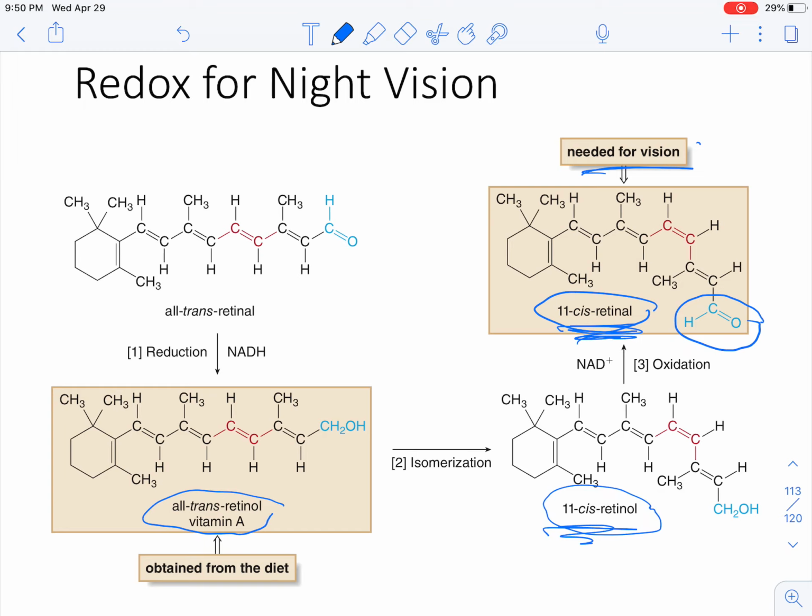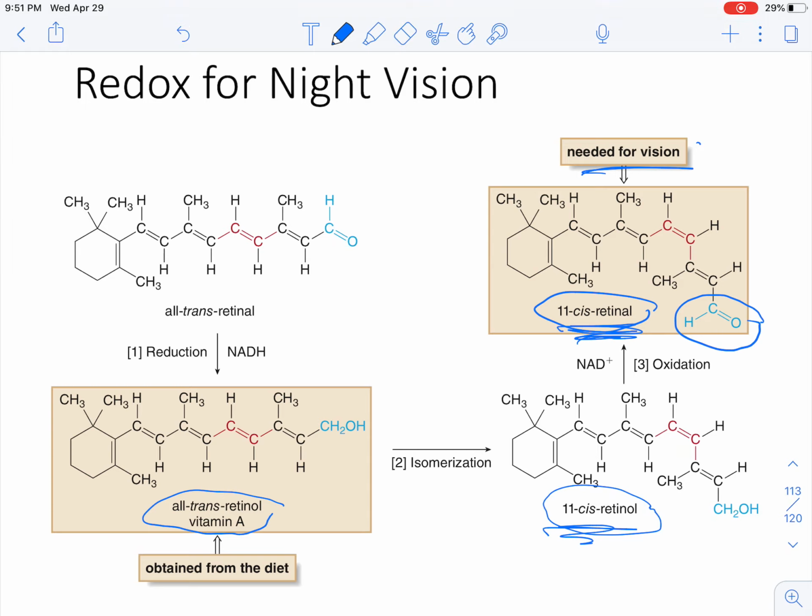And so if you consume all of your cis-retinol and everything is converted into cis-retinal, if it's not replenished, then there's no specific chemical signal that will send a nerve impulse to the brain to convert that to a visual image. So in other words, you would be night blind.